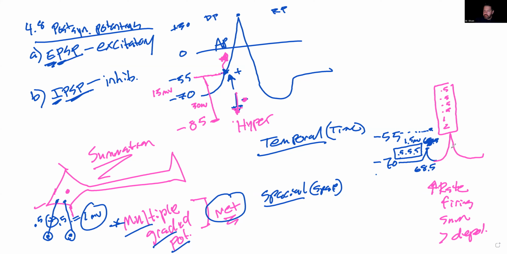Let's take the sum of all these, 0.5, 0.5, so this is 2, 4, 5. So the sum of all these is equal to 5, okay? 5 from negative 70 is equal to negative 65. Still not negative 55, but it's negative 65, okay? So we had a greater depolarization when we summed up these, all right? And then, to be accurate with our diagrams here, let me change one thing, okay?